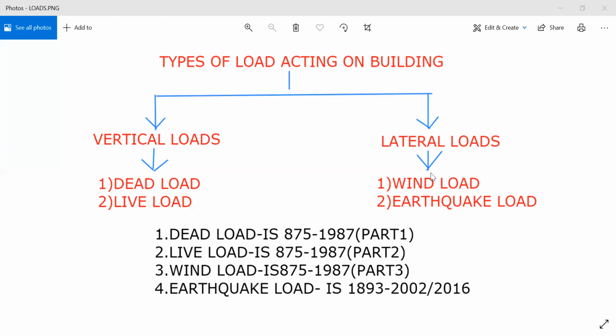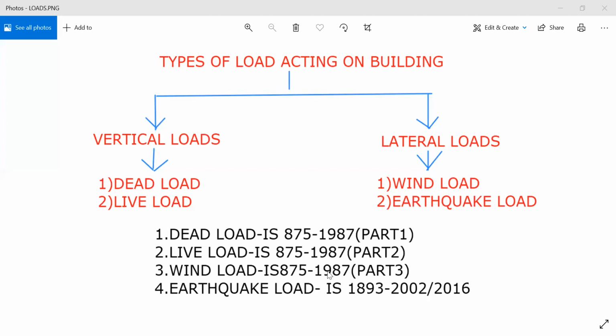If you are located in Nagpur, your wind speed can be different. If you are located in some other city, your wind speed can be different. You can take the example of Vishakhapatnam, which has a higher wind speed. In that case, you have to consider a much higher wind speed, and you need not worry about the amount because it is already specified in IS 875 1987 part 3.